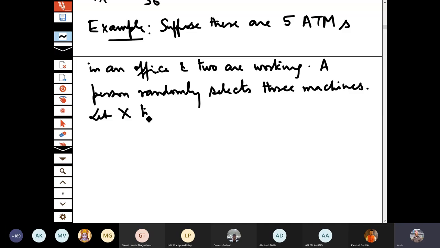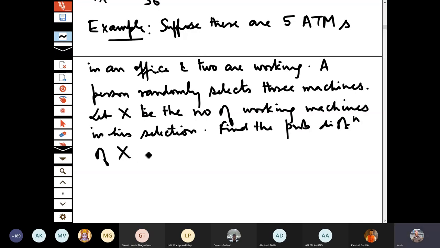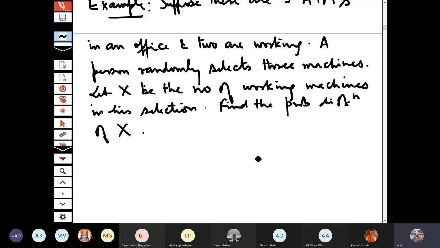Let X be the number of working machines. So you have to find the probability distribution of X.